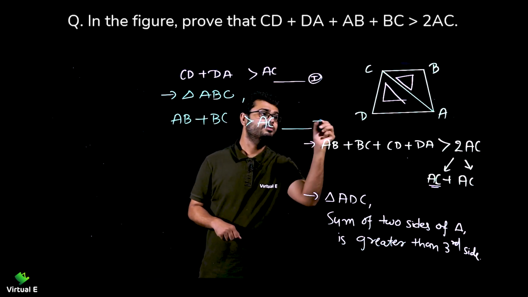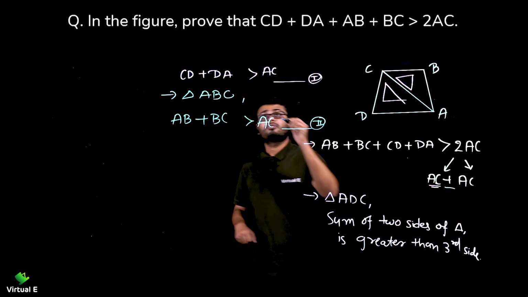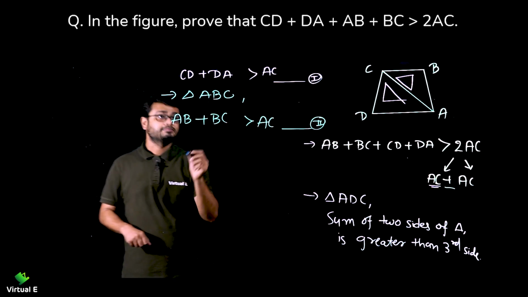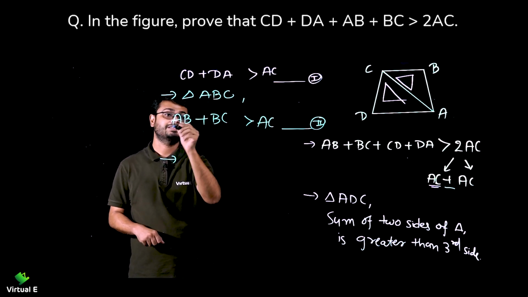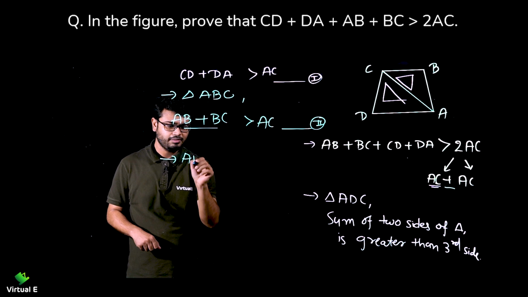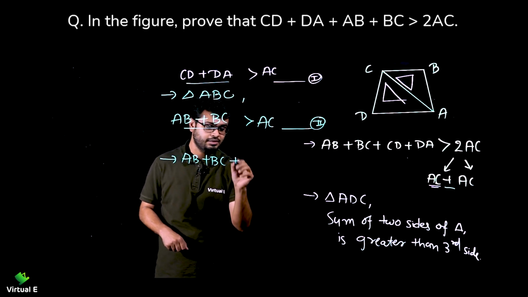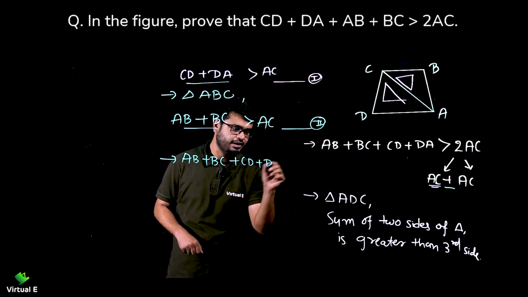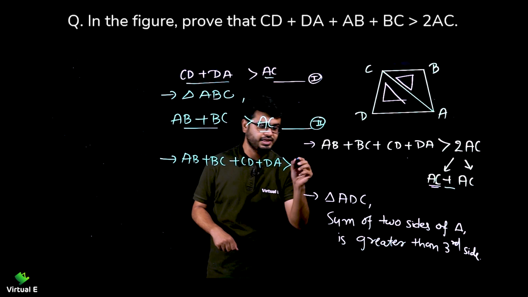Now you know what we are going to do, right? We are going to add them. Then only we are going to get twice AC. After adding, we will get AB plus BC, then CD plus DA, and on the RHS AC plus AC.